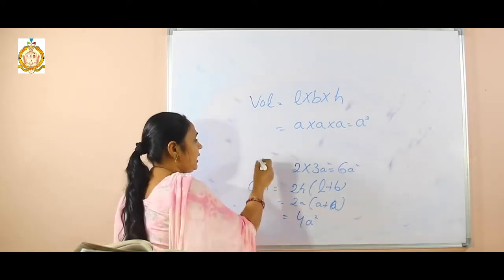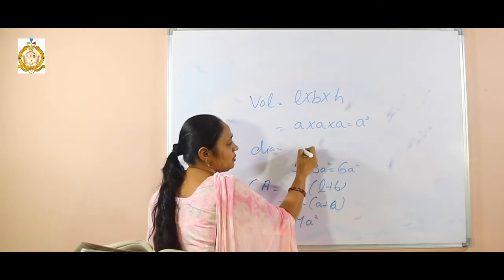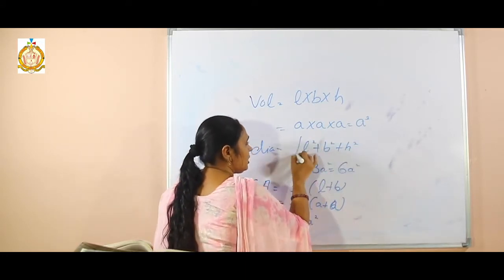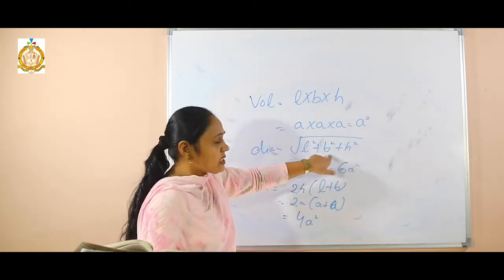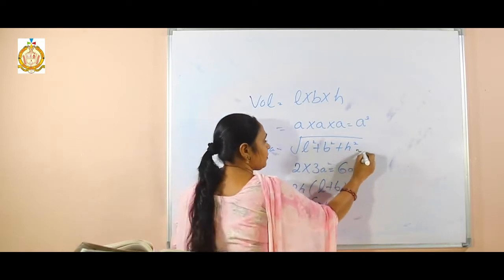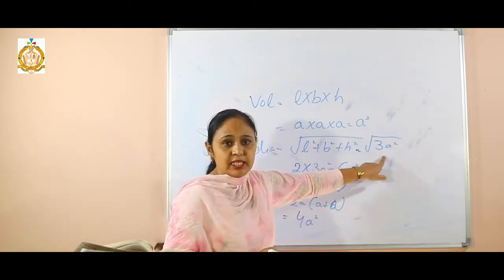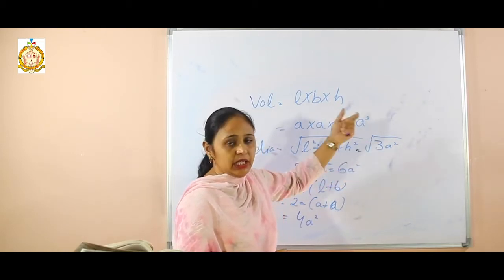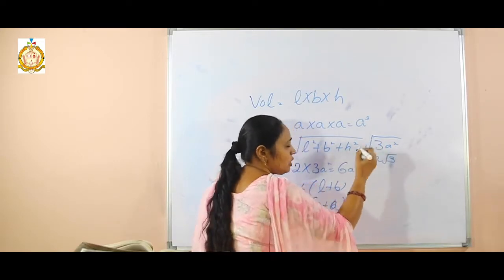Next formula, the length of the diagonal, that is the square root of L square plus B square plus H square. Now it becomes A square plus A square plus A square, that means 3A square. Now the square cancels with the square root and A comes outside. The formula becomes A square root 3.